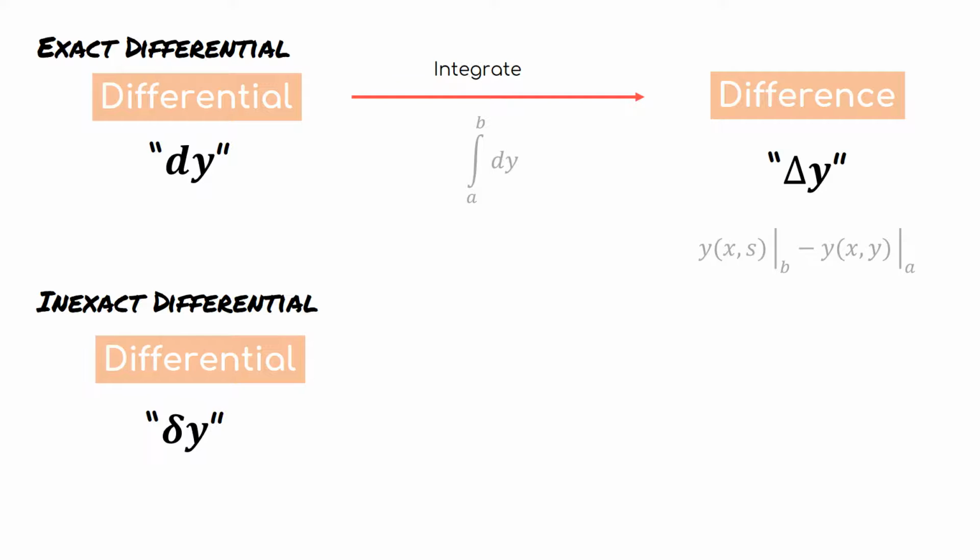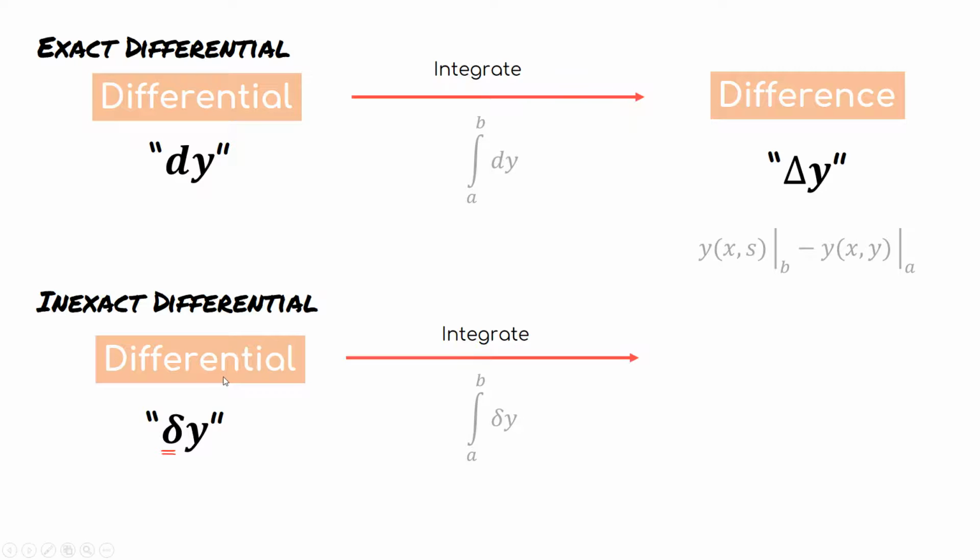But if you have an inexact differential, this is another scenario. First, we write the inexact differential with this small delta. The triangle is the capital delta. I'm probably going to use the word delta a lot, and I'll try to make it clear which one is which. In this case, this is delta y, the inexact differential of y.